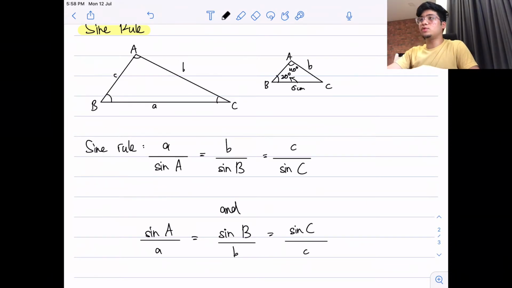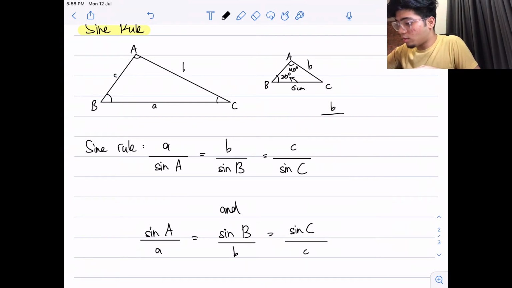So usually what you do is, if you wanted to find the side, you put the side on the top. But if you wanted to find the angle, you put the angle at the top. So in this case, right now, the side is at the top. So that means I would do it as b over sine 20 will equal to 5 over sine 40.